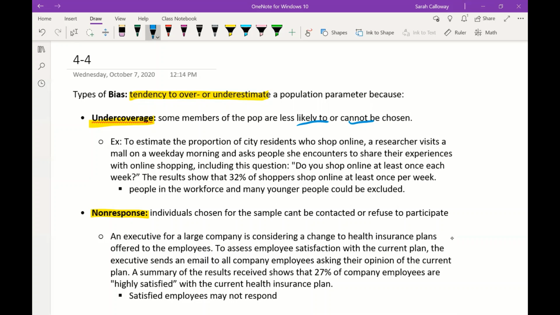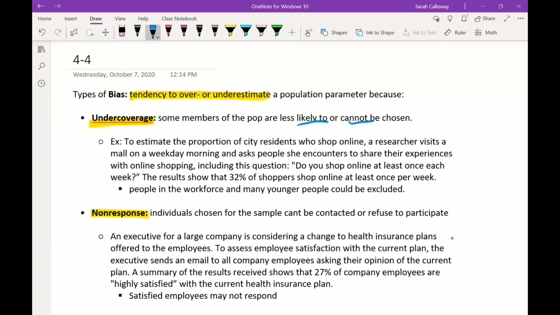And so an example of this is to estimate the proportion of city residents who shop online. A researcher visits a mall on a weekday morning and asks people she encounters to share their experiences with online shopping, including this question: do you shop online at least once each week?